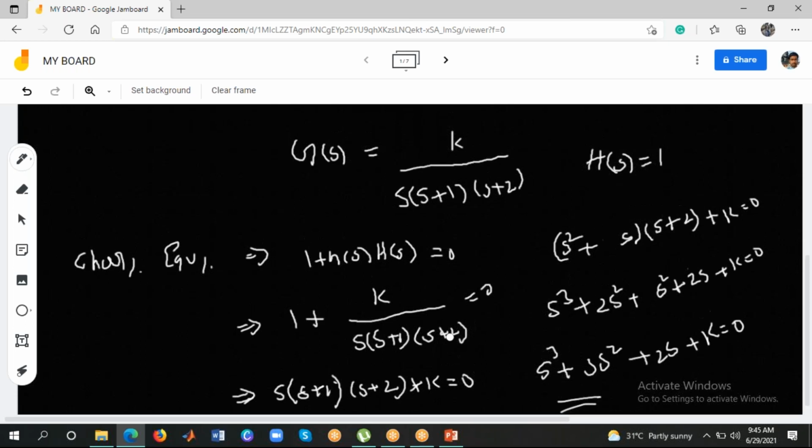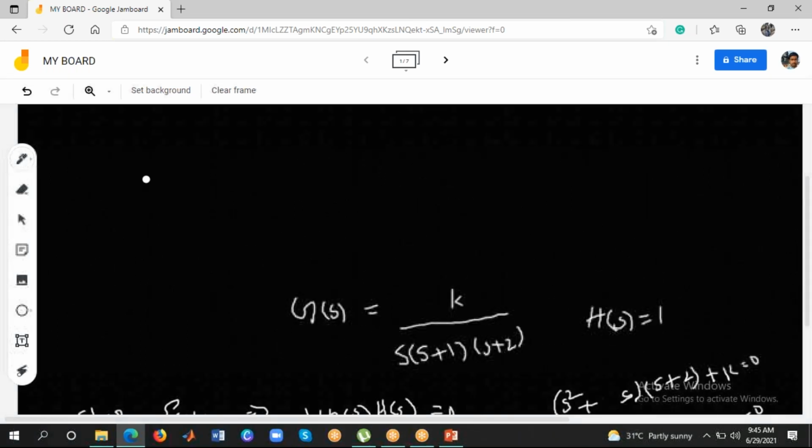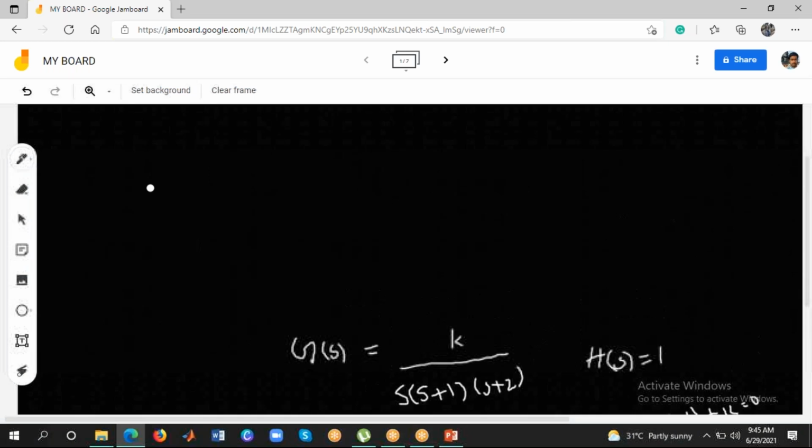Now I am going to construct the Routh array.